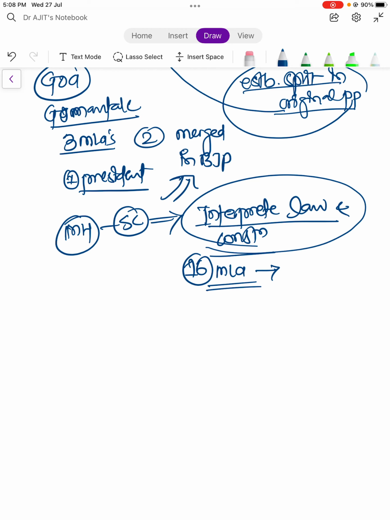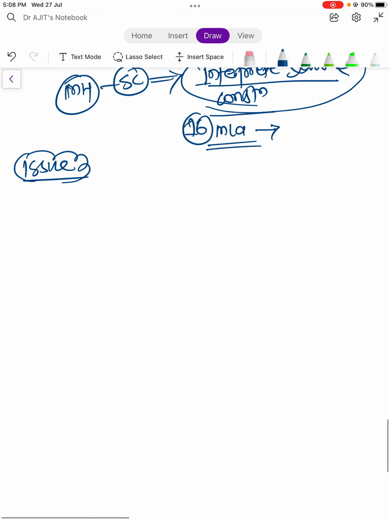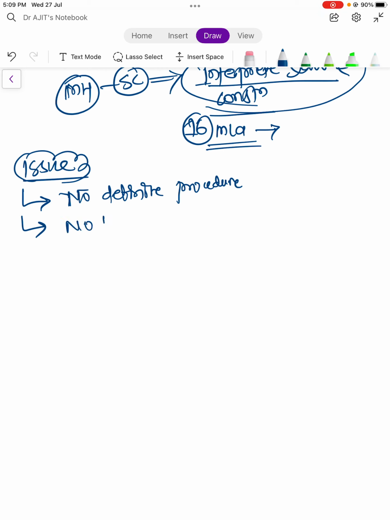Now we'll come to the issues in the anti defection law. What are the issues? First, there is no definite procedure. That's why there comes the discretionary role of the speaker, and he will use it. Then there is no time limit within which that case should be decided.